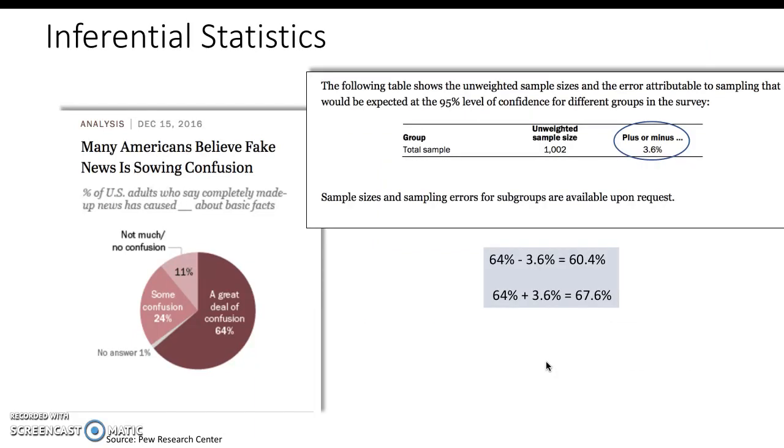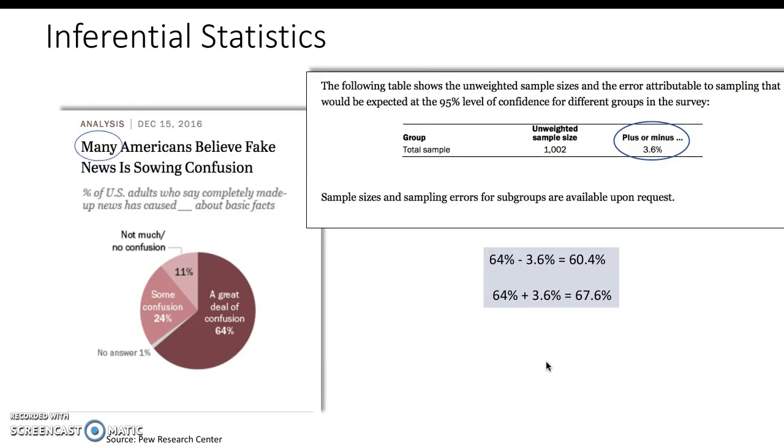All right, so what it's saying is, if we take 64%, where we get that 64% from that pie chart, that's the proportion of the sample that was taken that believe a great deal of confusion is being sown by fake news. If we take that 64%, we subtract that 3.6%, we get 60.4, and if we add, we get 67.6.